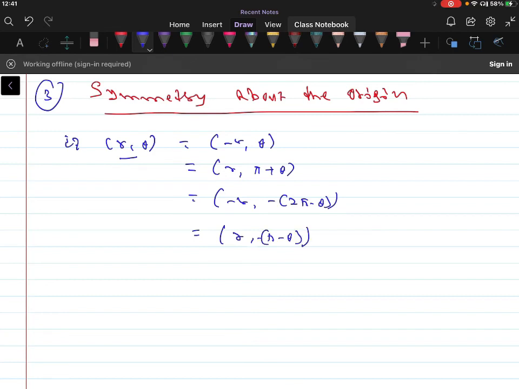If any one of the conditions is true, then the curve r is equal to f of theta is symmetric about the origin.